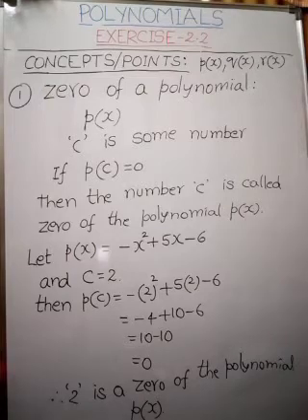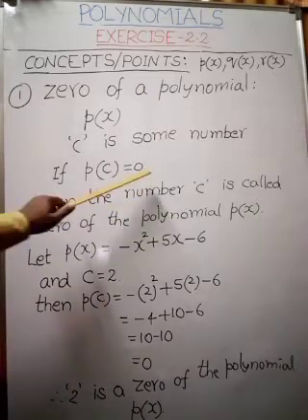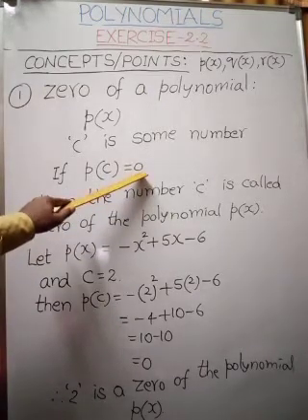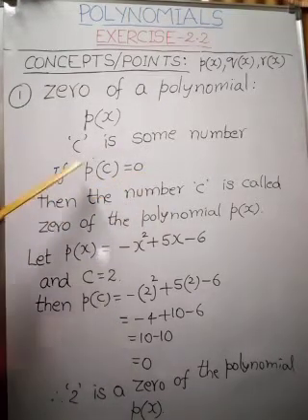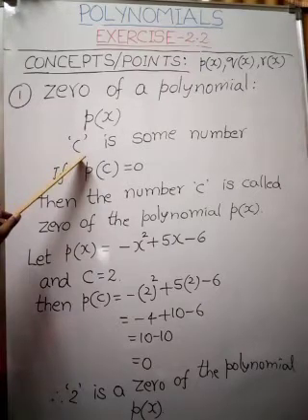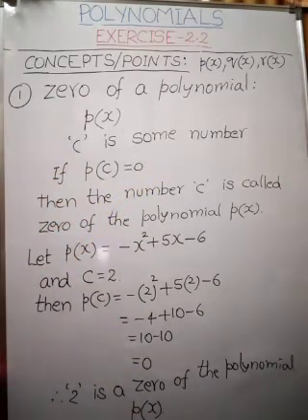Understood, my children? First step is we have to substitute x is equal to c in the given polynomial. And second step is we have to simplify. We have to calculate the value of the polynomial. If finally you get 0, then the given number c is said to be a zero of the polynomial. Understood this point, my dear children?